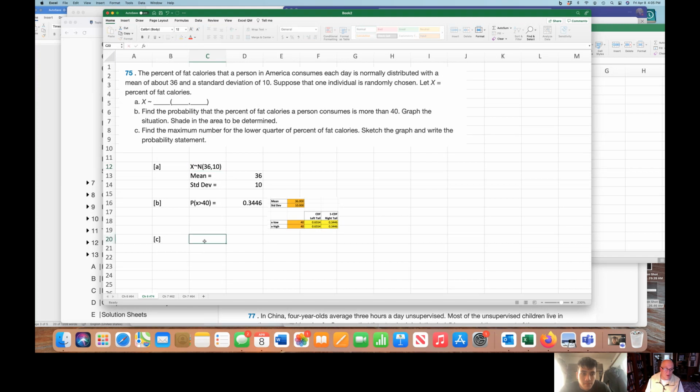Okay. Now we're looking for what number are we looking for here? We're looking for a percentage. We're looking for the other way. We're using the inverse now, and we want to find the lower quarter, the maximum number of the lower. So what's the 25th percentile?